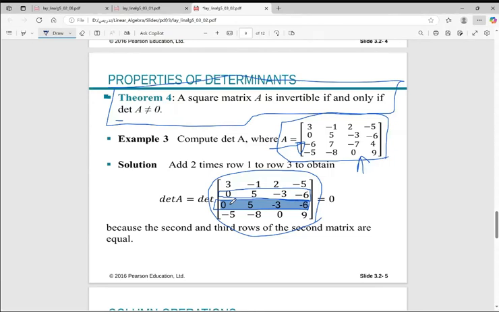And then when you use cofactor expansion around the third row, since all entries are 0, the result will be 0, right? That's the reason why when a matrix has two rows with exactly the same entries, its determinant becomes 0.